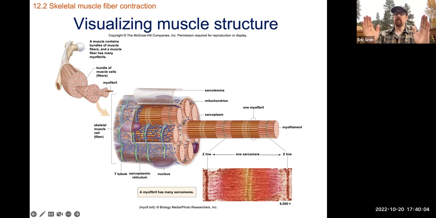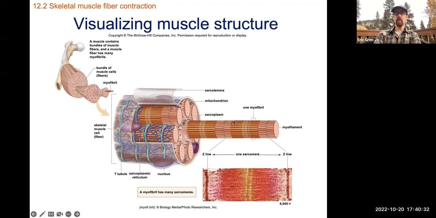And because they're pulling against that stationary anchor point, as they pull toward the middle, that's what causes the sarcomere to shorten. And because your myofibrils are simply one sarcomere connected end to end with other sarcomeres, right, a whole chain of sarcomeres, as all those sarcomeres are shortening, the entire myofibril is shortening as well.